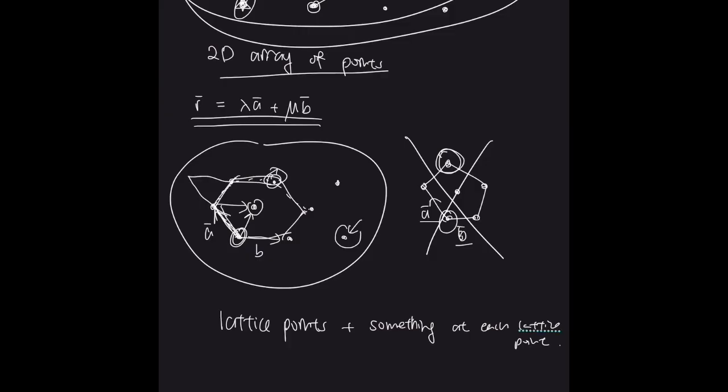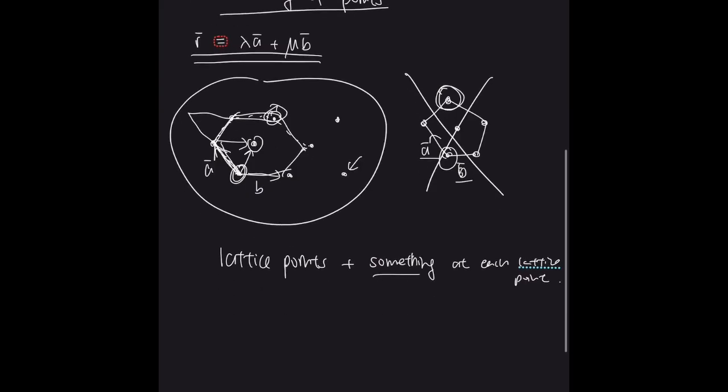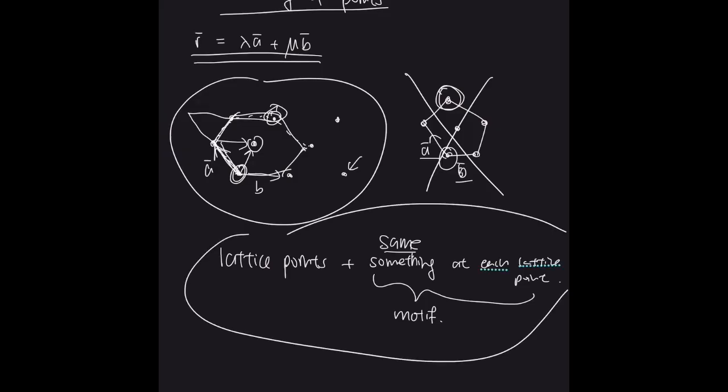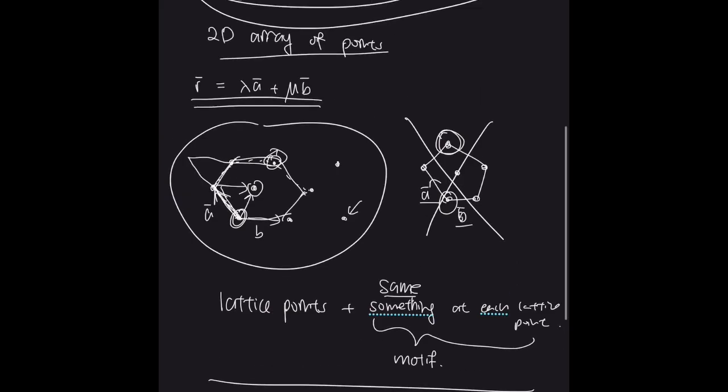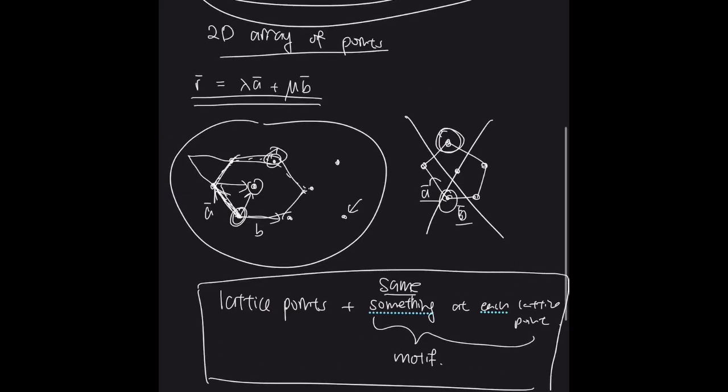And because each lattice point is identical and indistinguishable from any other lattice point, this something has to be the same at every lattice point. So, same something at each lattice point. And this is what we call a motif. I'll come back to this probably in the next video. So we're not going to dwell on this too much, but this is just something we should keep in mind.